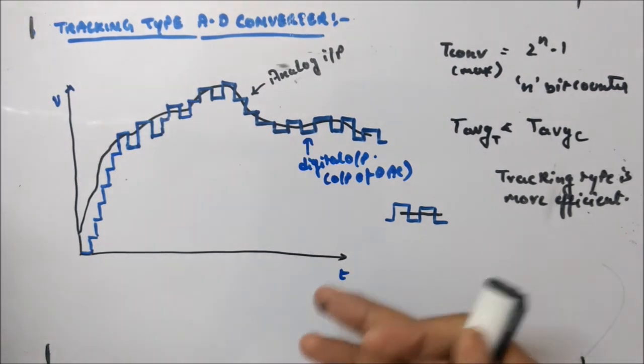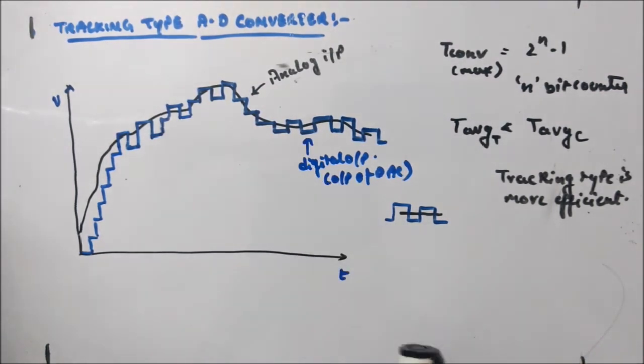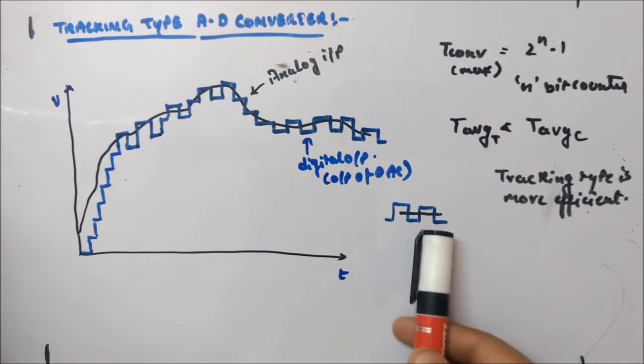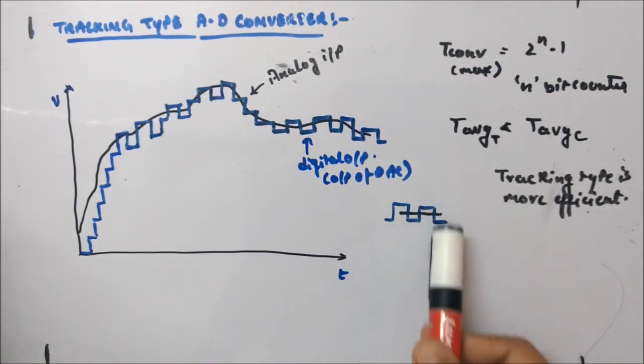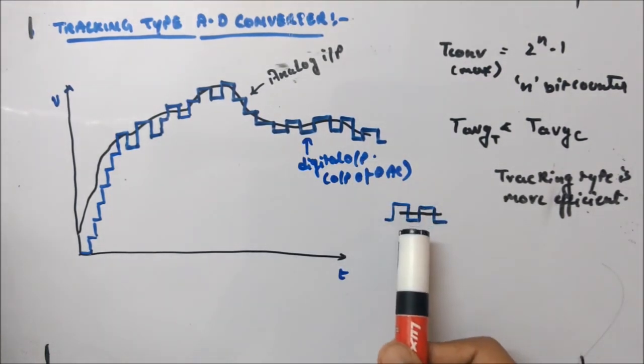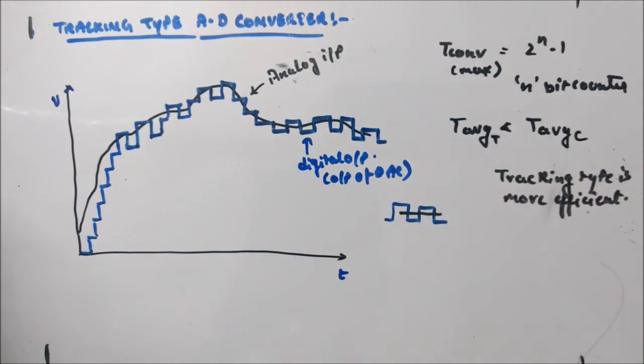So the control circuit should be advanced in this case, which will increase the complexity of the circuit. And if there is a constant signal in the analog input, then the output will just switch from positive to negative voltage like this.